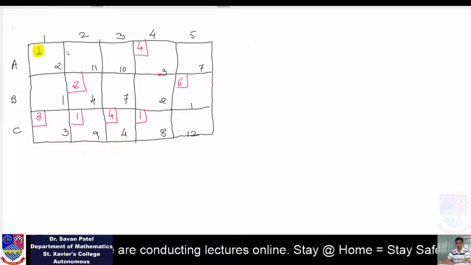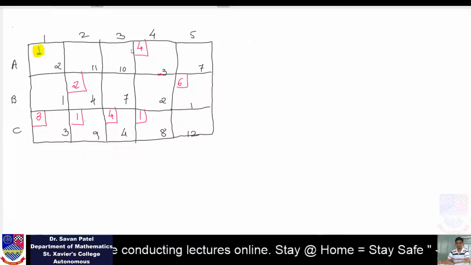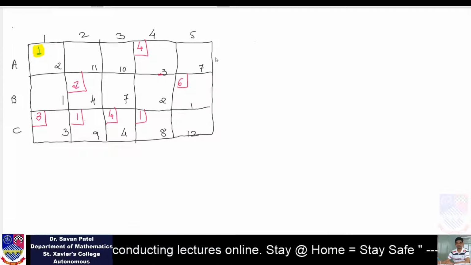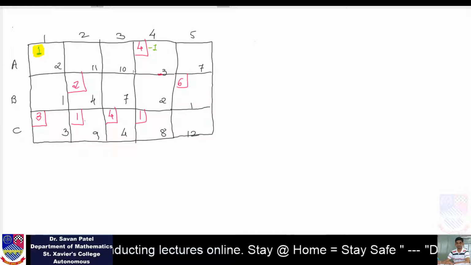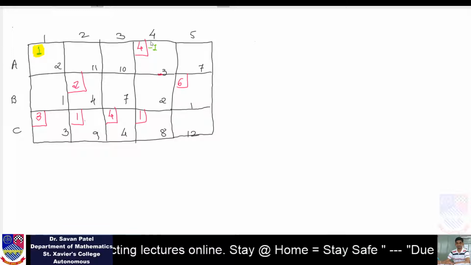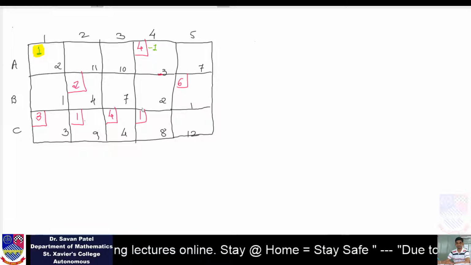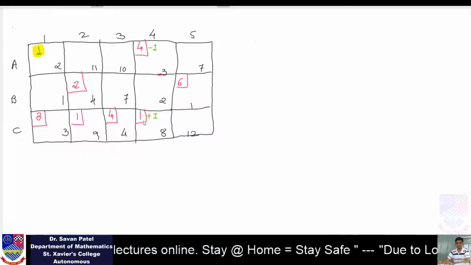All I want is the sum to be 4. To keep this sum 4, this is already 4, so I have to subtract 1 unit from here. And since I am subtracting 1 unit from here, I have to add 1 unit here because I want this to sum to 5.